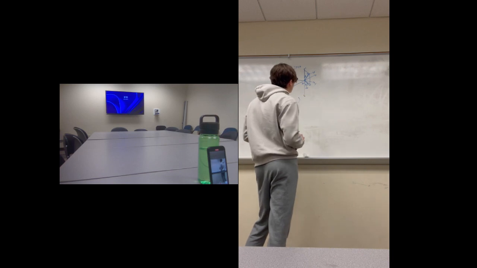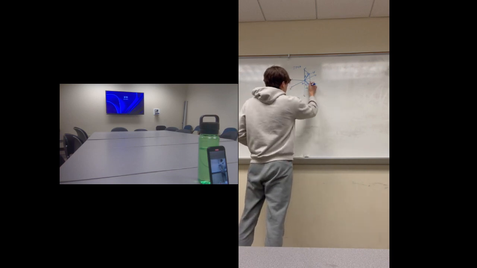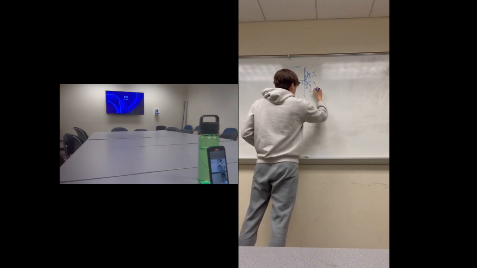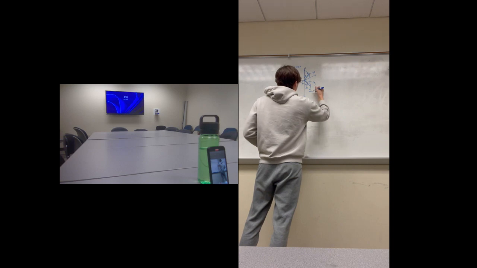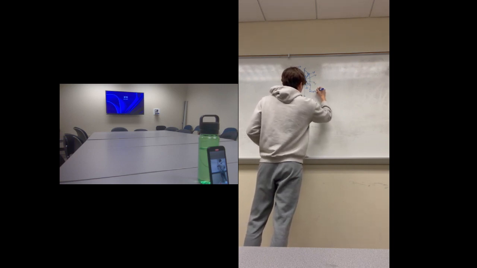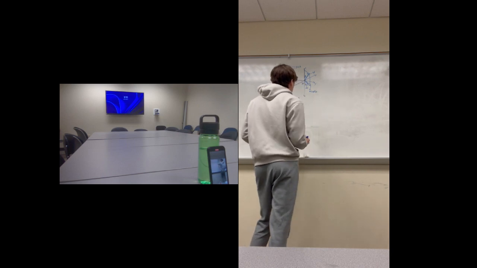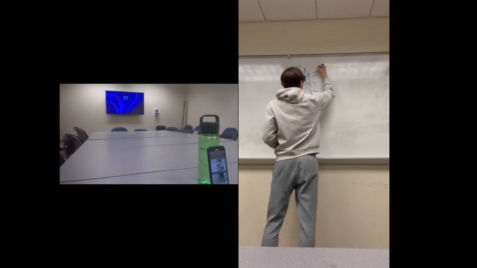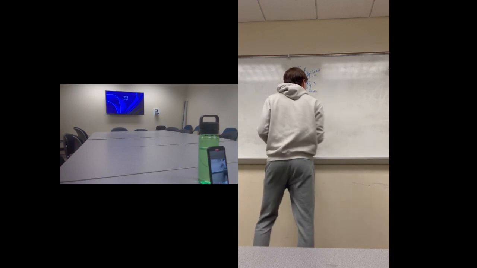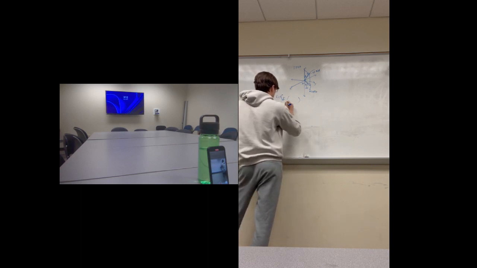We can see this arc length is going to be r sine phi times d theta, and then up top this arc length will be r d phi. So now we can put those into our pressure equation.